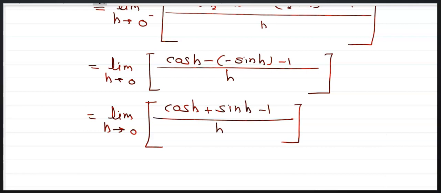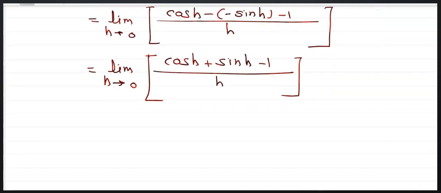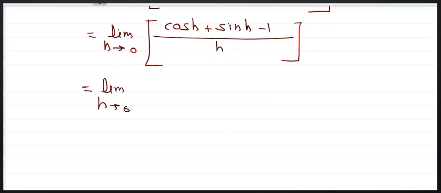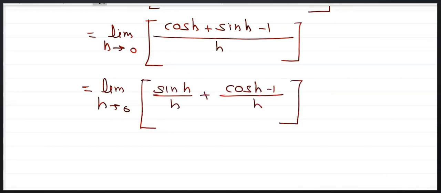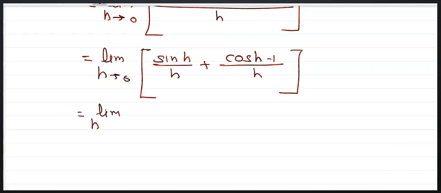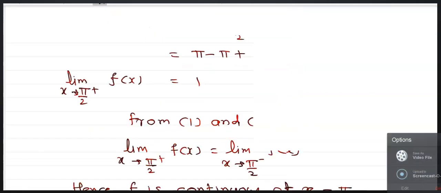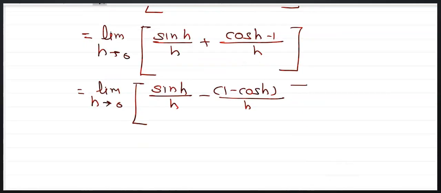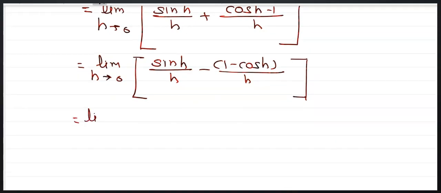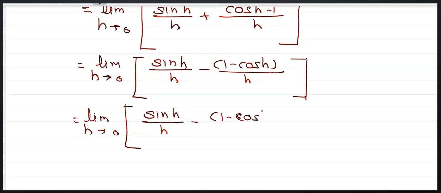Now here we will simplify: sin h upon h, cos h minus 1 upon h, limit h tends to 0. Taking minus common, we get sin h upon h into 1 minus cos h upon h. To simplify this limit, 1 minus cos h upon h, multiply numerator and denominator by 1 plus cos h.